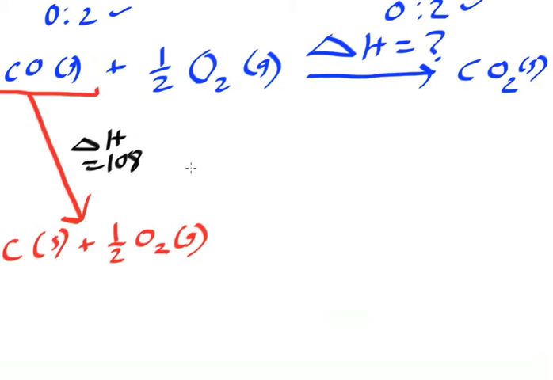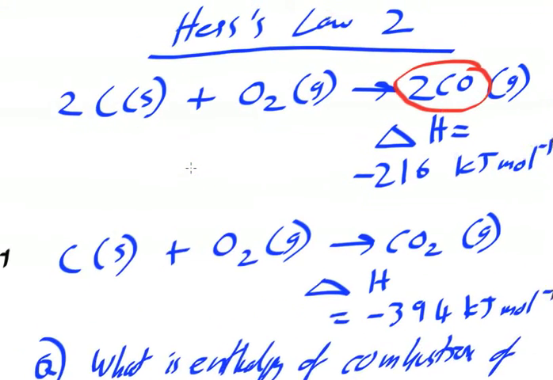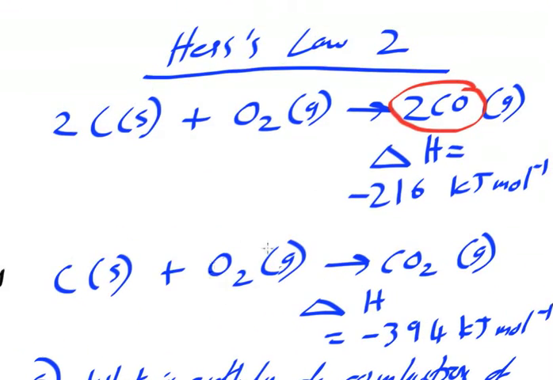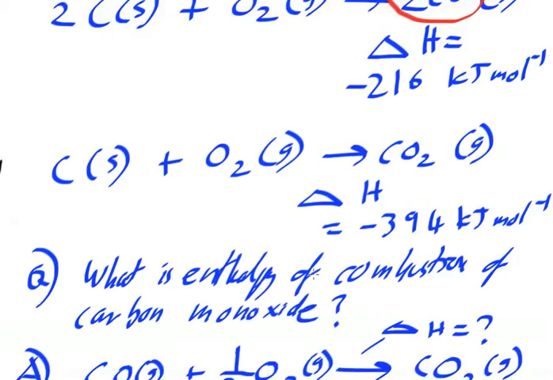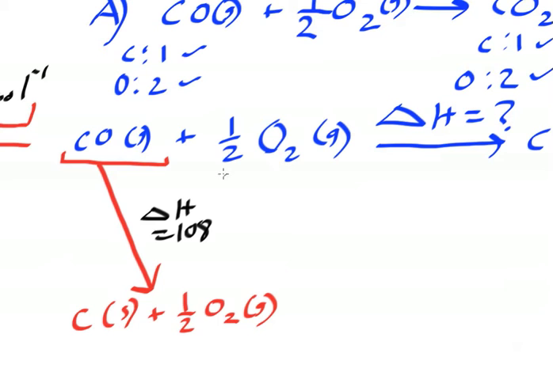Now the half O2, I don't have any obvious thing for that in the question. I suppose I could flip this round, I could somehow turn this second formula into a half O2. But I'm not going to do that. My instinct, because I've done this a number of times before, is just to move that half O2 up. So I'm not going to react it with anything.